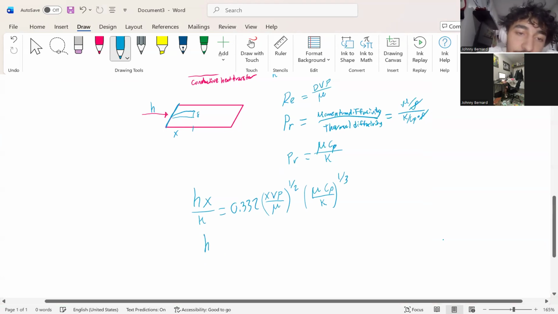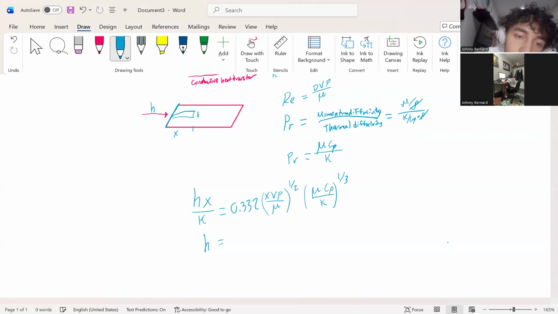And isolating h, we throw k over x on the other side.